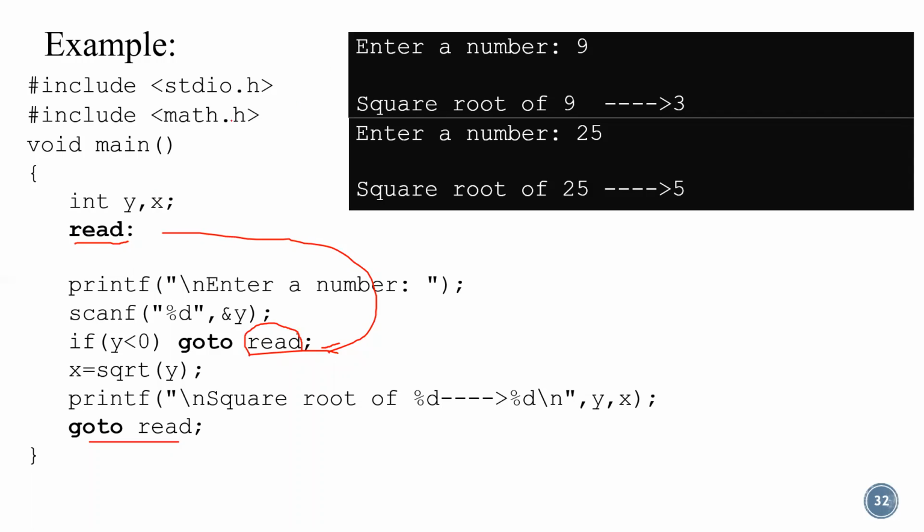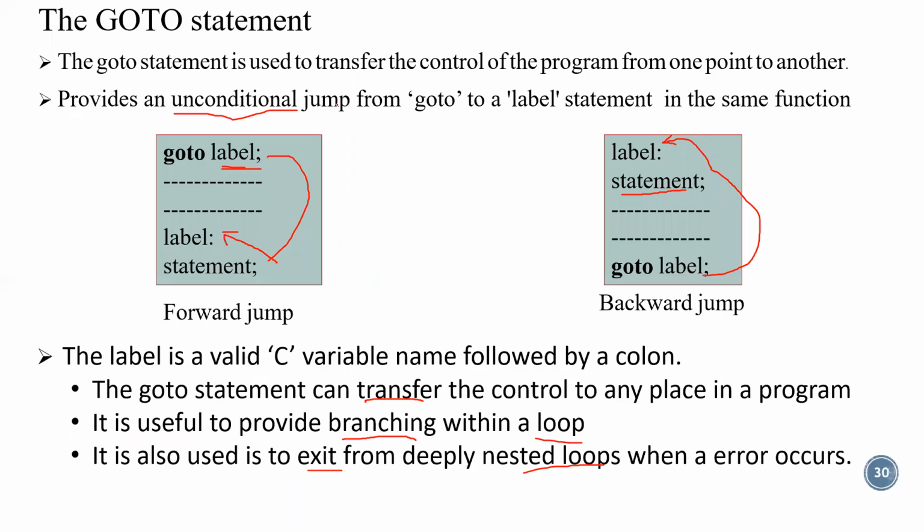Now, I forgot to tell about the label syntax. It should end with a colon, and all other statements, including the goto label statement, will end with a semicolon. Usually all lines end with a semicolon, but only the label ends with a colon. In switch case also we saw case labels ending with a colon, right?